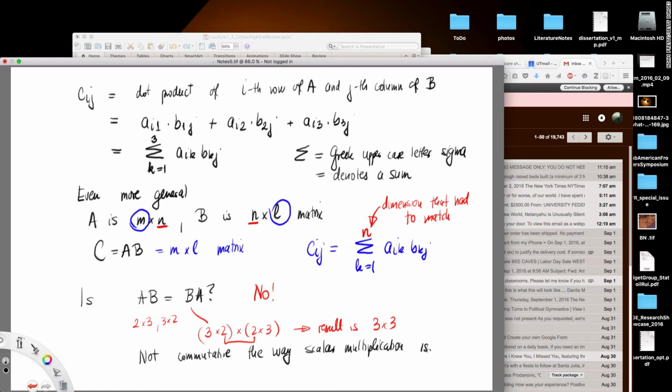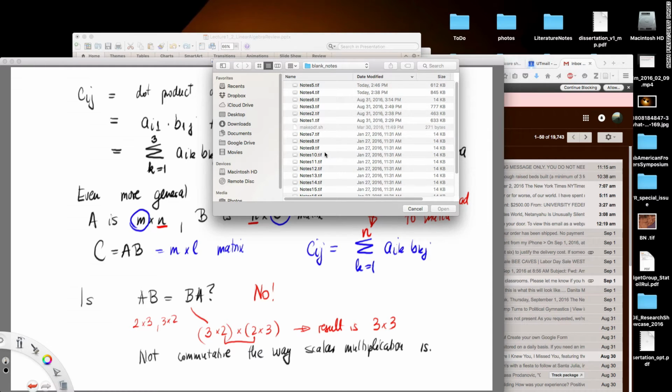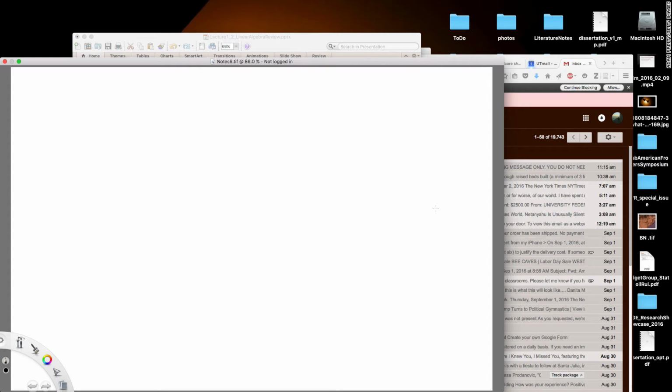The easy one that I didn't even mention, but I'm going to mention it now, is if I had a matrix, let's go to any matrix, 1, 2, 0, minus 3.